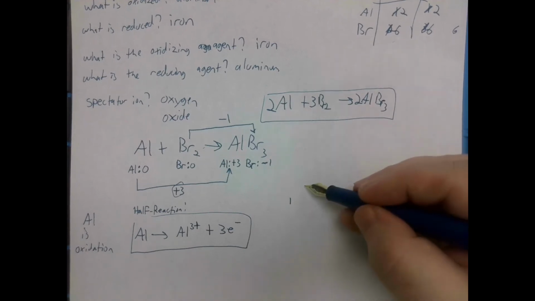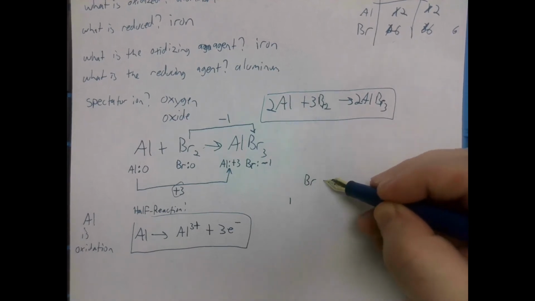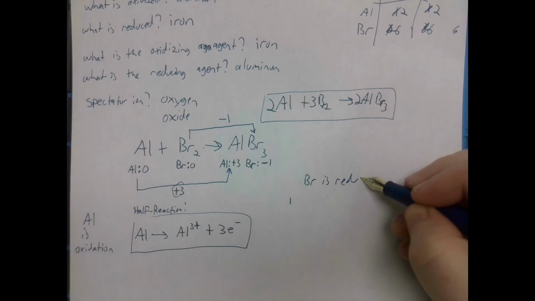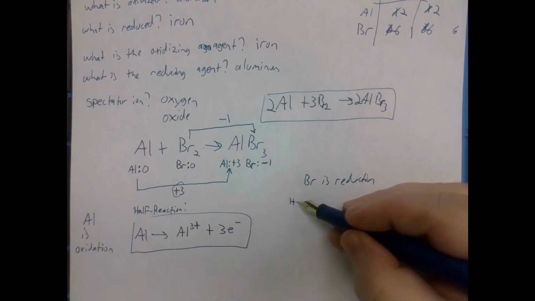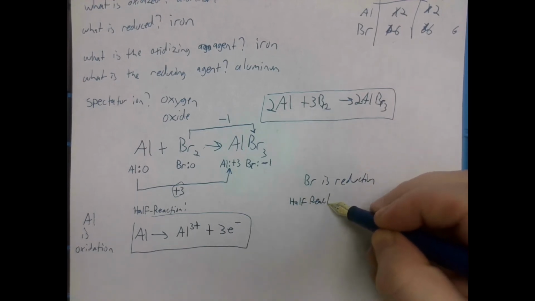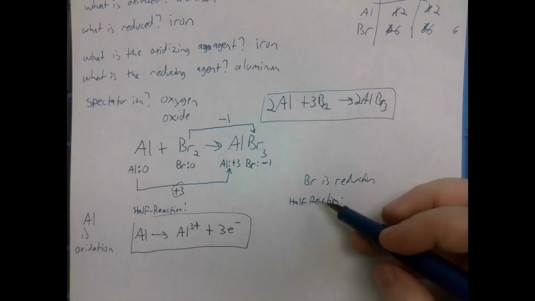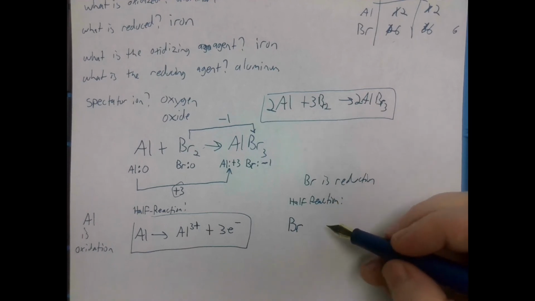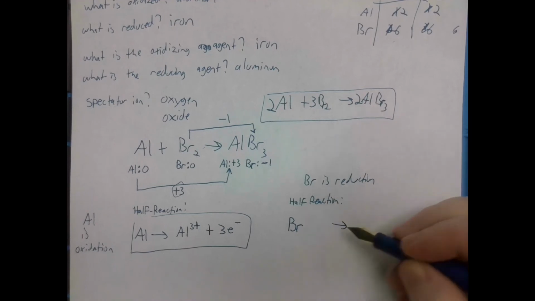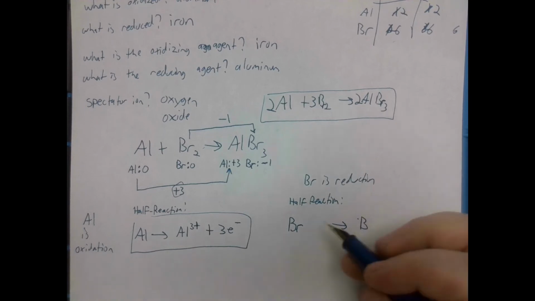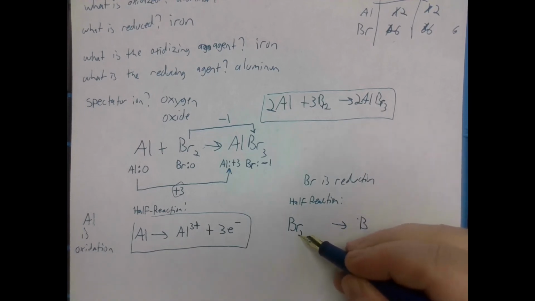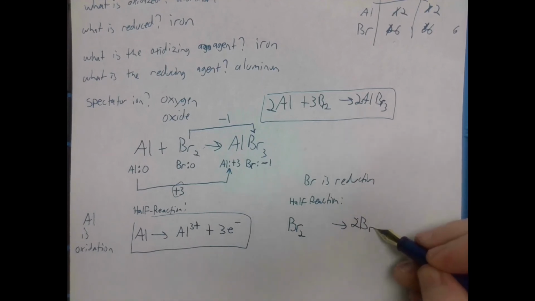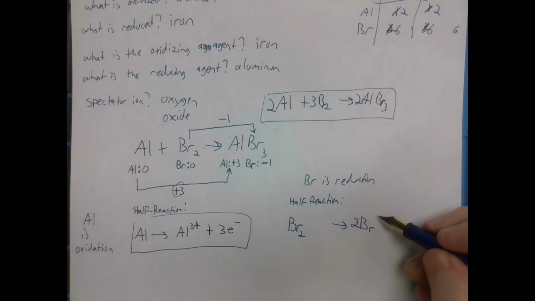So bromine is reduction. So the half reaction would be bromine, which is Br2, I need a 2 over here, getting a negative charge.